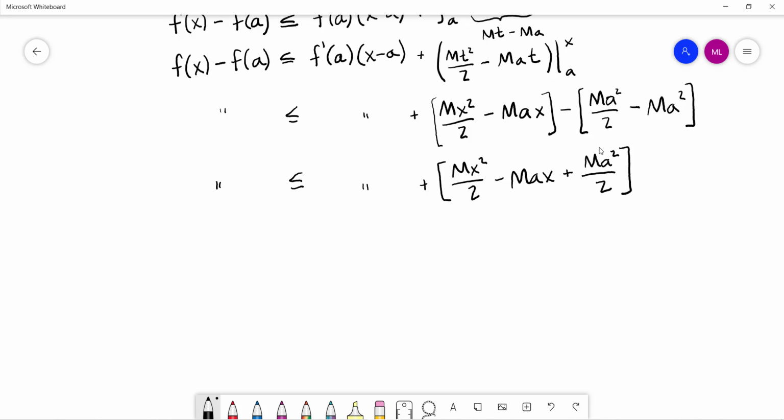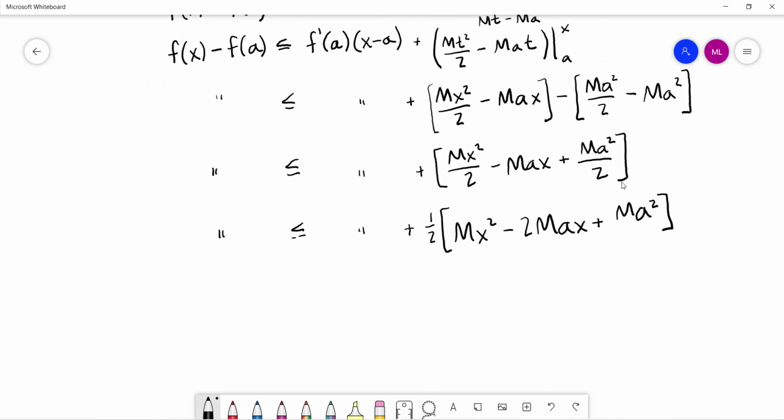So you could think of this as a 1/2 times mx squared minus 2max plus ma squared. And notice I've basically just factored the 1/2 out. If you were to distribute this half back through, you'd get exactly what we've got right here. So again, I'm not touching any of the rest of this yet.